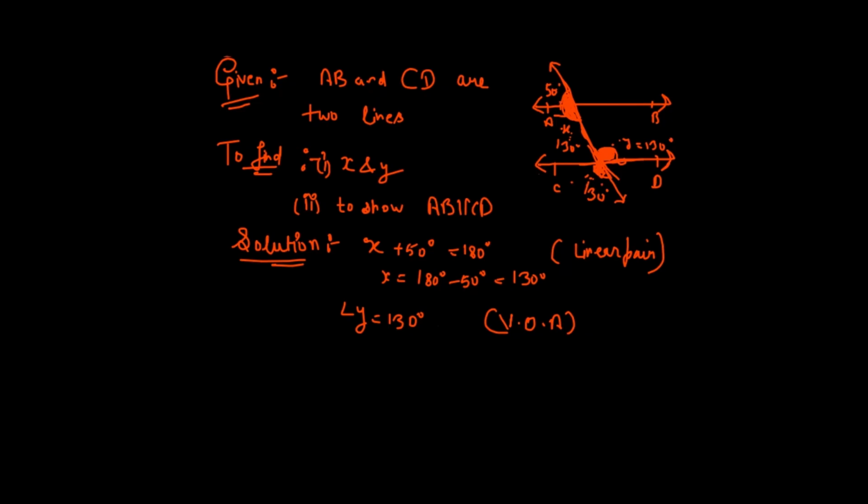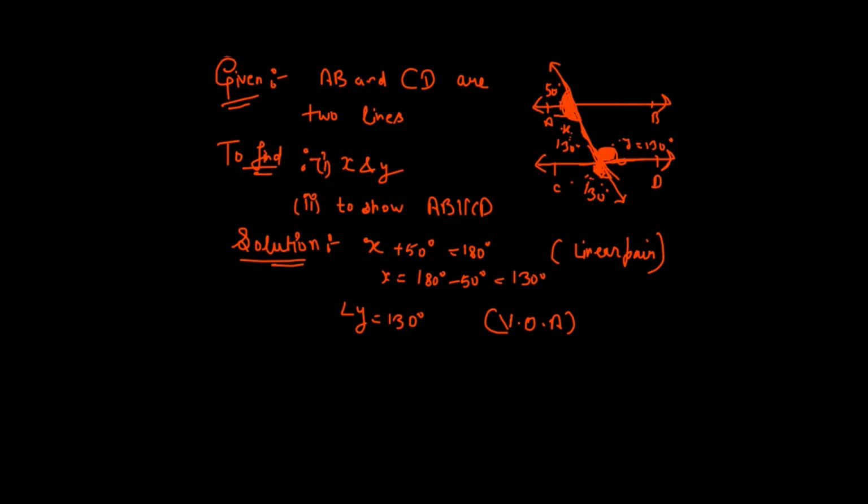So if you are taking this and this angle, then you have to write that alternate interior angles are equal, therefore the lines are parallel. If you are using this and this, then you can write that these two angles are corresponding angles. If the corresponding angles are equal, then lines are also parallel.